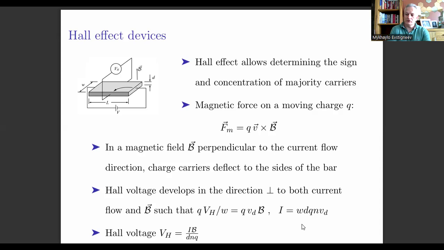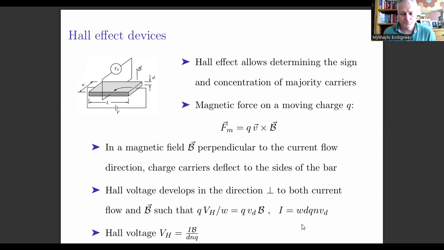This is a typical situation when the concentration of, let's say, electrons, let's assume for definiteness that the semiconductor is of n-type, then typically the concentration of electrons is higher than the concentration of holes by at least several orders of magnitude. So holes can be neglected. Hole contribution to the total conductivity can be neglected in an n-type semiconductor. And of course, electrons can be neglected in a p-type semiconductor.